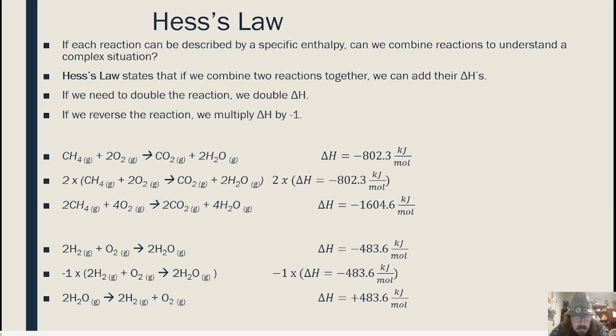Burning double the amount of methane gives you double the amount of heat, 1604 kilojoules. If burning hydrogen gives you 483 kilojoules of heat, well then splitting hydrogen requires 483 kilojoules of heat. That's how it works.